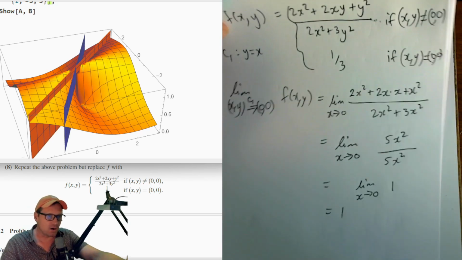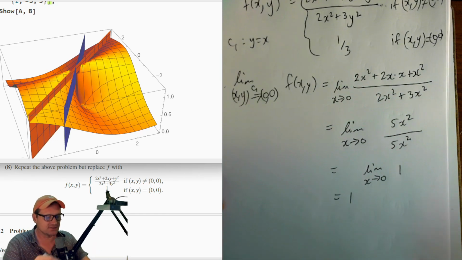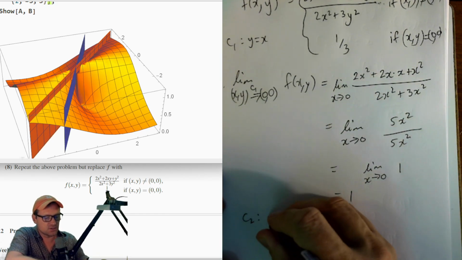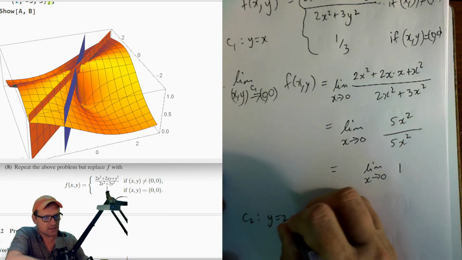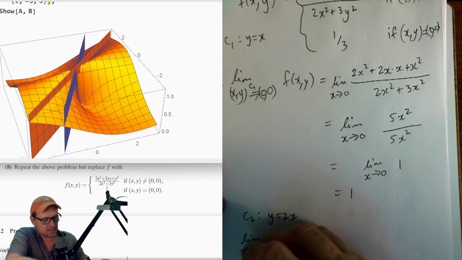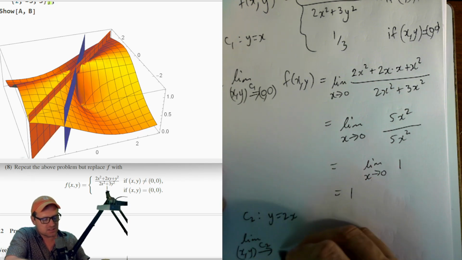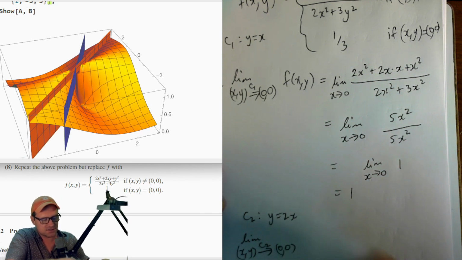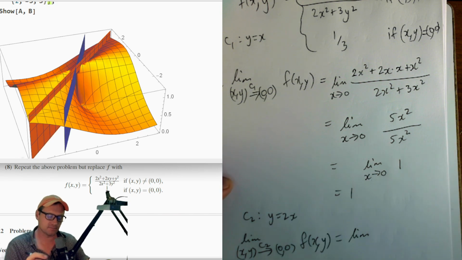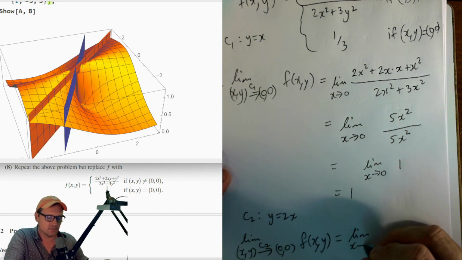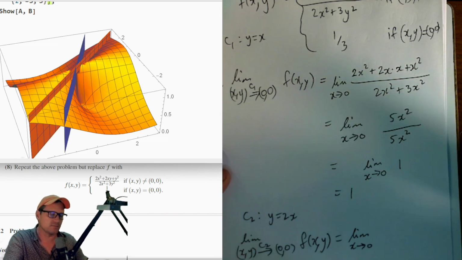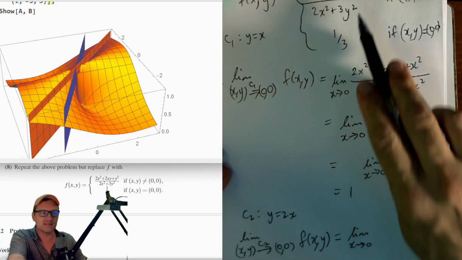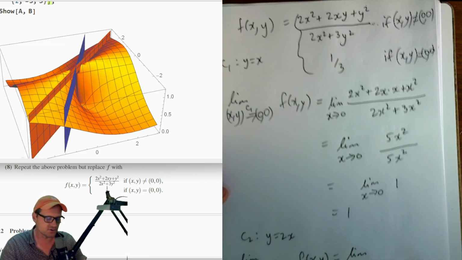Now along C2, the path y equals 2x, the limit as x, y goes to 0, 0 along C2 is the limit as x goes to 0. I'm just going to replace all of the y's with 2x.